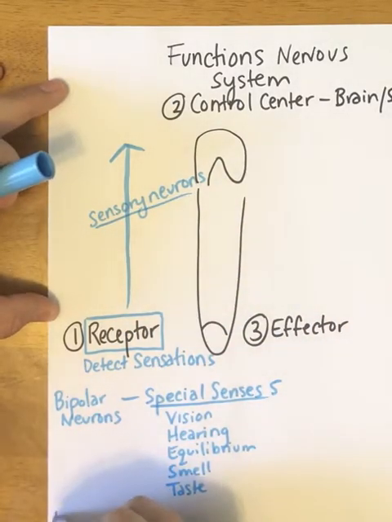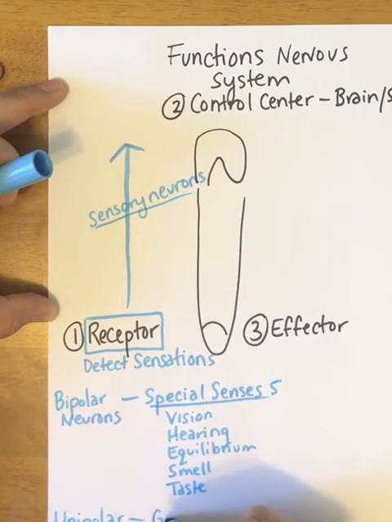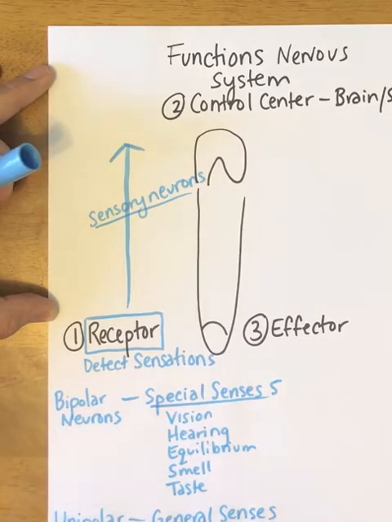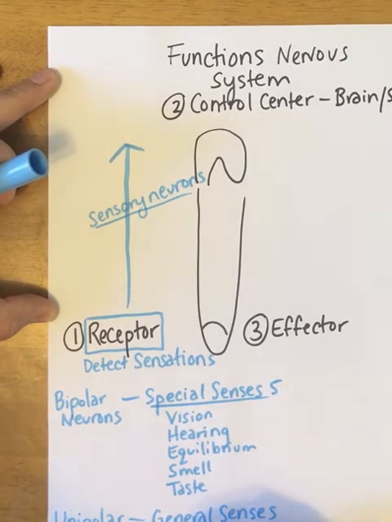Now, unipolar neurons are going to be associated with ganglia, which we're going to talk about today, but these are going to be used for general senses. General senses are anything that is senses of the body, so that you can feel it from head to toe. So pain, tickle, pressure, vibration, etc. Touch, light touch versus deep touch.